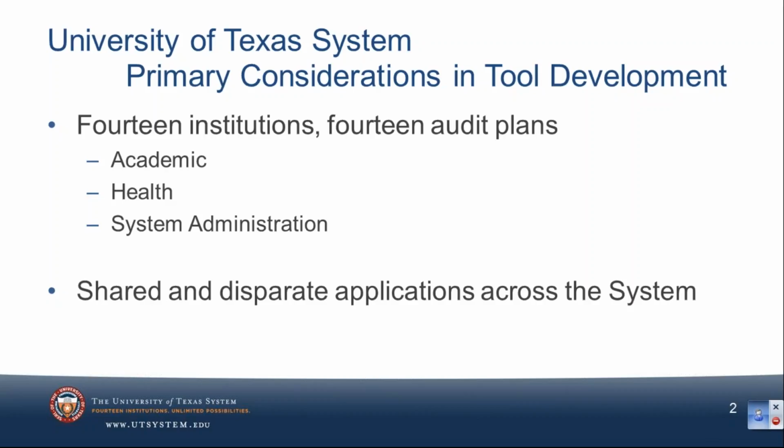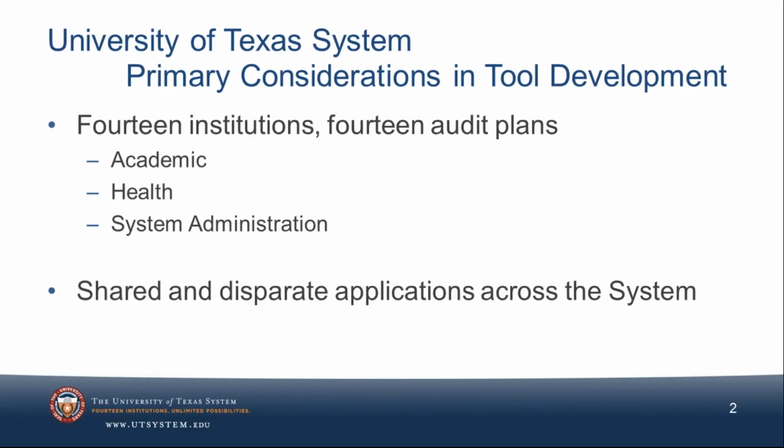So when we're thinking about tool development, we're looking at those audit plans. We're trying to determine if there are any common between all of the institutions or a vast majority of the institutions. So for example, maybe a travel and entertainment, that's pretty common across all of our institutions. We also have ProCard, which I think probably most people on the call here know. ProCard is very common to use for analytics.